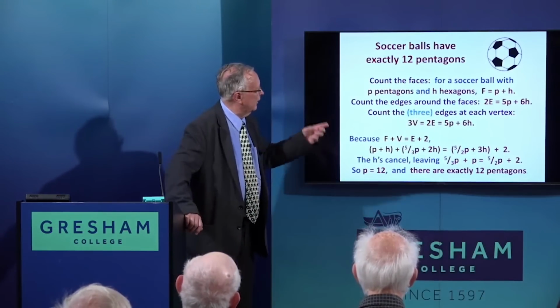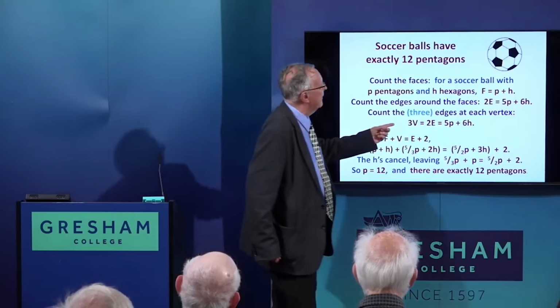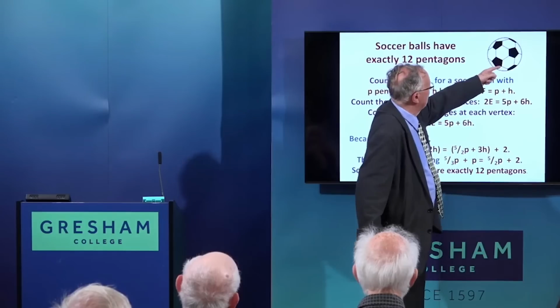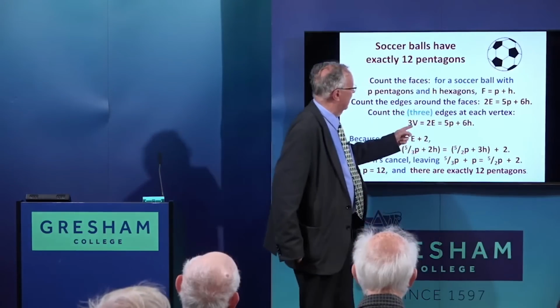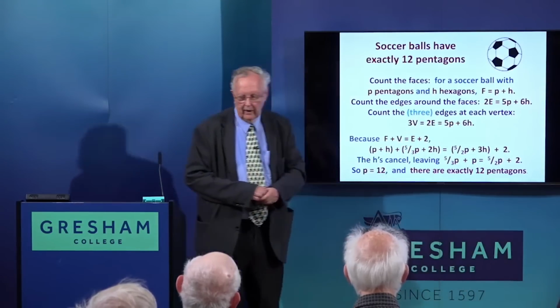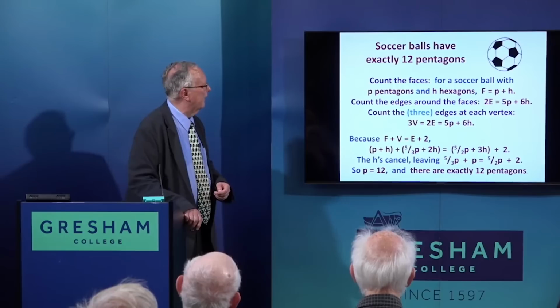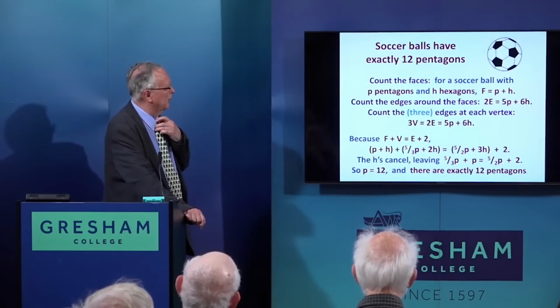And similarly, you can count the 3 edges at each vertex, and you get a similar thing, 3v. Well, if you count the 3 edges, then each edge has got 2 ends, so you're going to get 2e again, and so you're going to get 5p plus 6h again. So you've got f, e, and v, and you can now substitute them into Euler's formula.